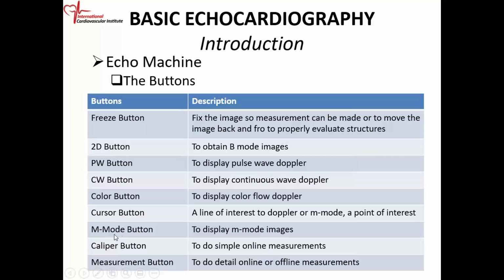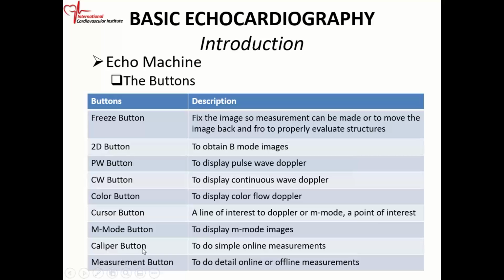M mode is another type of echo, motion mode, and that's going to display motion mode images. So you can do your two-dimensional image of any structure, or you can do M mode. Again, don't worry too much. You'll understand what these mean later on.